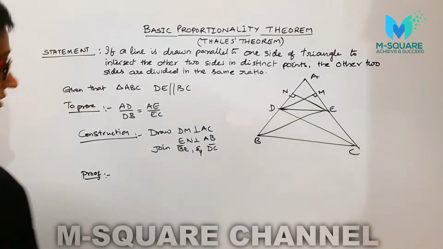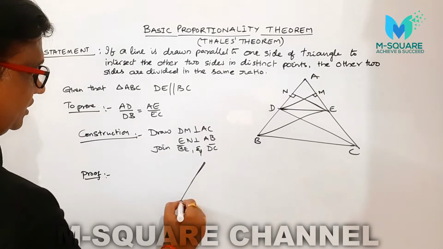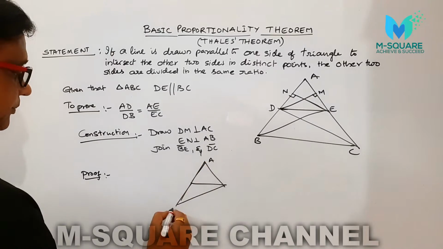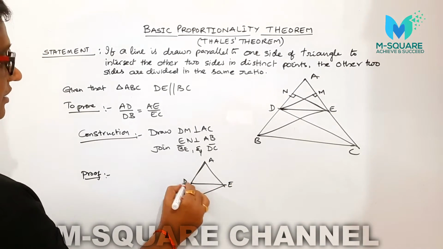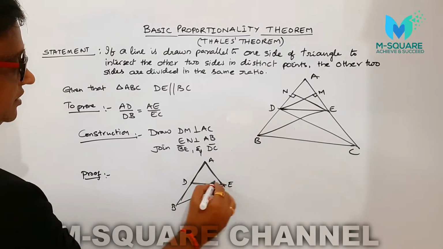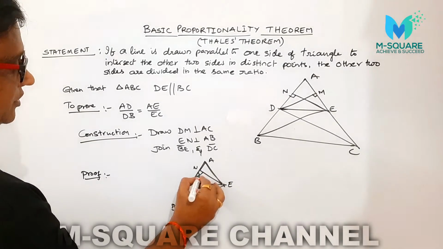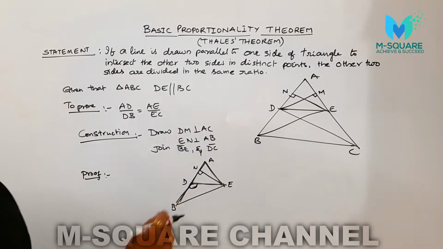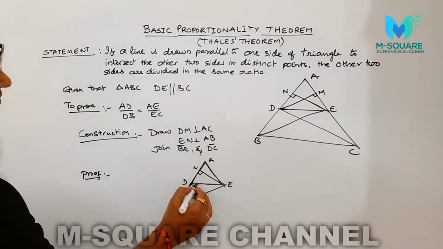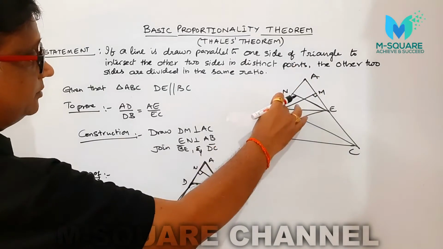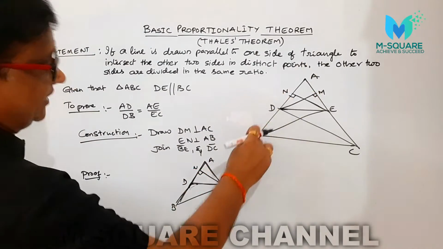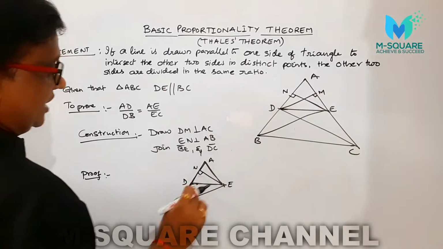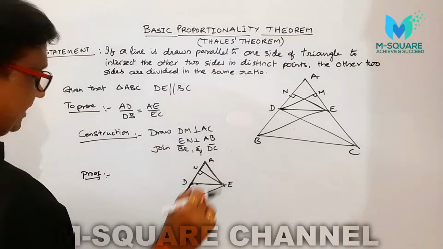Suppose I take them like this: A, B, E and D. Here EN is the perpendicular, and BDE is another triangle, which is an obtuse angle triangle. Since you want AD by DB, we take this line as the base; on this line there are two triangles, ADE and BDE.